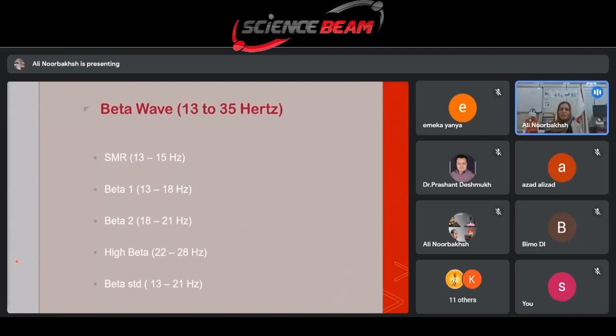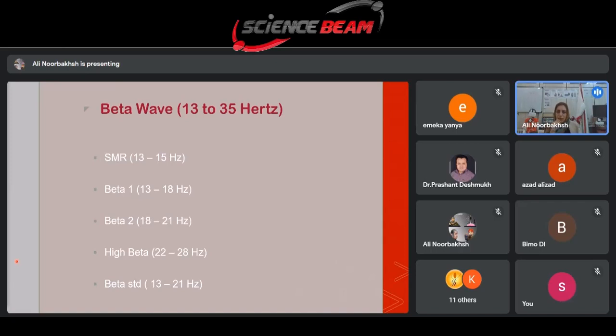Beta wave is between 13 and 35 hertz. Beta waves include SMR, or sensorimotor rhythm, between 12 and 15 hertz. We can see this frequency in this part. Beta 1 is between 13 and 18 hertz, beta 2 is 18 to 21 hertz, high beta is 22 to 28 hertz.